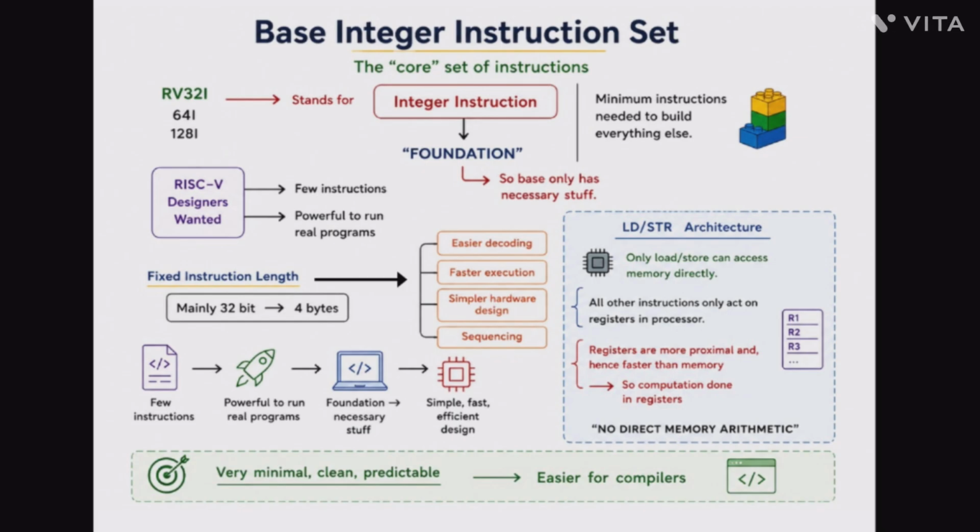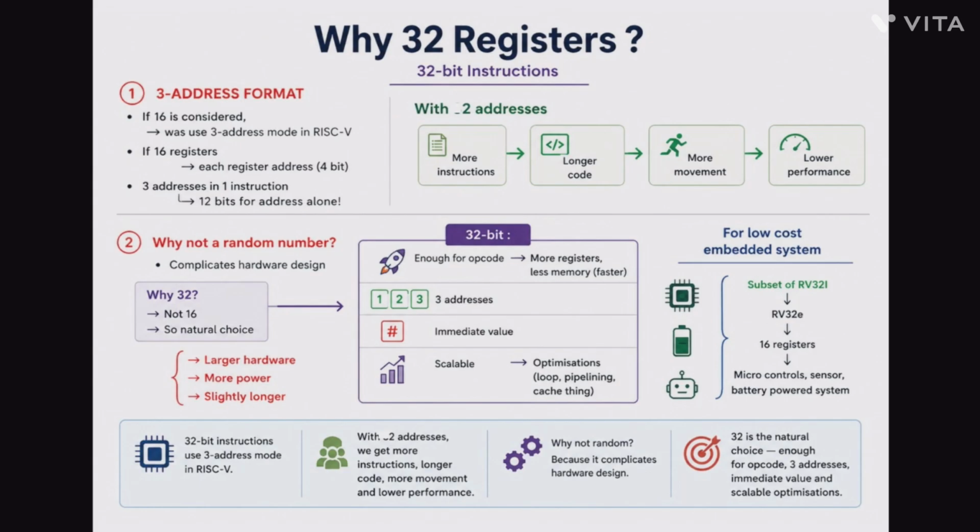Moving on to why 32 bits. This is basically not a random number. It is optimized for larger hardware, more power, and a slightly longer process as well. It is enough for the opcode, can be used for three-address instructions, like three registers, can be used for immediate values, and it's also scalable.